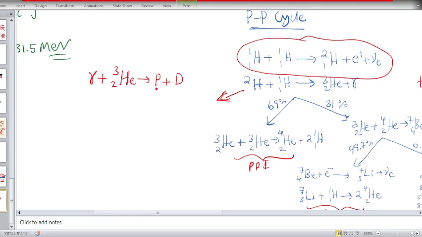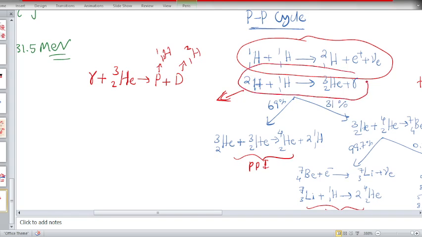In this case, you can see this proton is nothing but H11, and deuteron we have H21. They are asking just the opposite of this interaction. How much energy is released in this interaction, where the deuteron combines with a proton and forms helium-3 plus gamma?